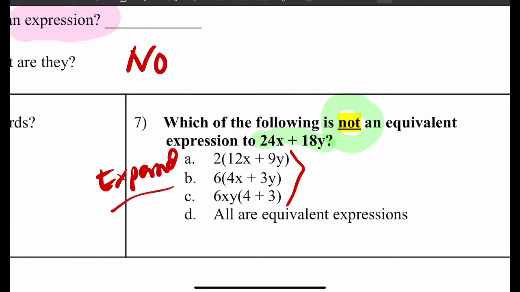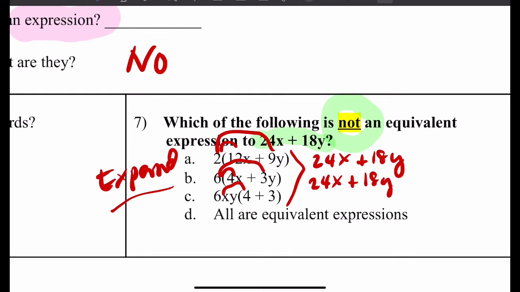Don't guess, expand. So this becomes 24x plus 18y. Okay? So 6 times 4x is 24x. 6 times 3y, 18y. 6xy times 4 is 24xy. 6xy times 3 is 18xy.